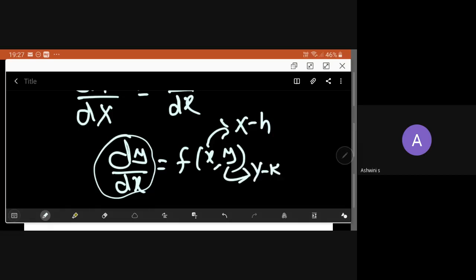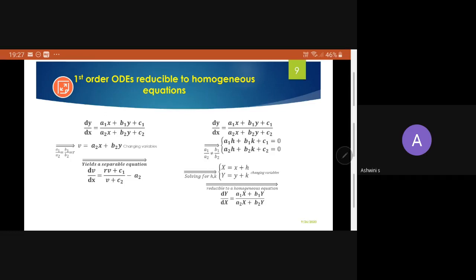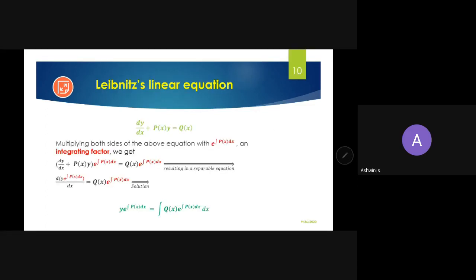That is what we get, a homogeneous equation, not a separable equation. You have dY by dX is equal to (a1X plus b1Y) by (a2X plus b2Y). That is a homogeneous equation, which can further be reduced into a separable equation. Now the Leibniz equation, this is a linear equation.